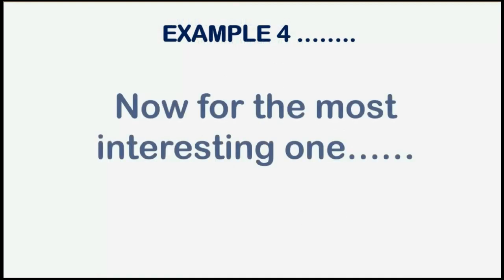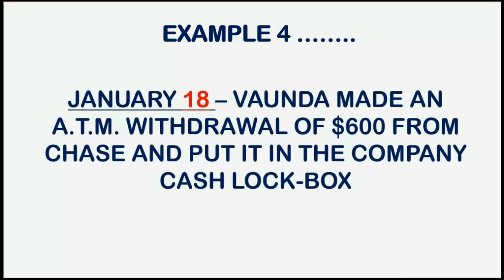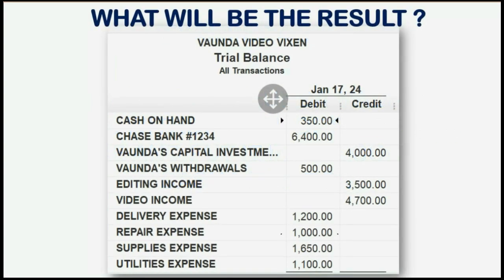Now, example 4 is the most interesting example. Let's imagine on January 18th, Vonda made an ATM withdrawal of $600 from Chase, and she put the money in the company cash lockbox. Well, if the money comes from the Chase bank account to the cash lockbox, $600, what will be the result?